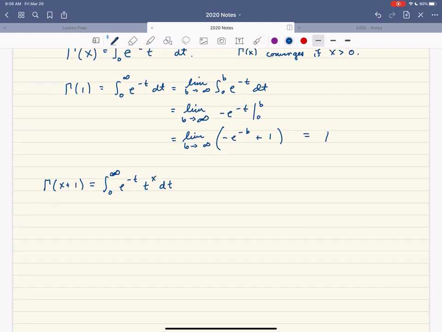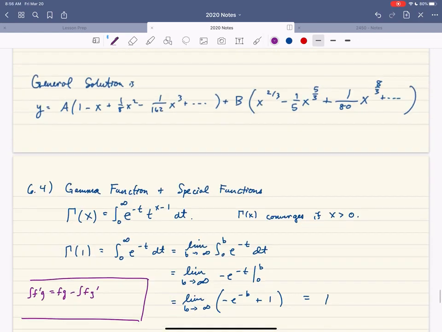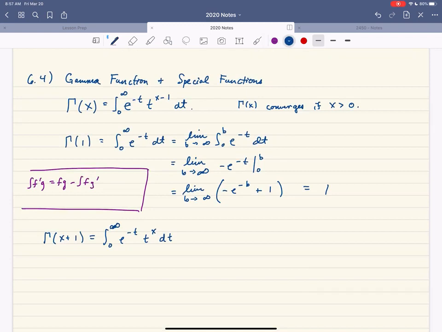And what we're going to do is an integration by parts. Remember that our formula for integration by parts, I always like to write this down, is that the integral of f prime times g is fg minus the integral of f g prime. And so the thing that we need to decide is what are we going to differentiate and what are we going to try and integrate.